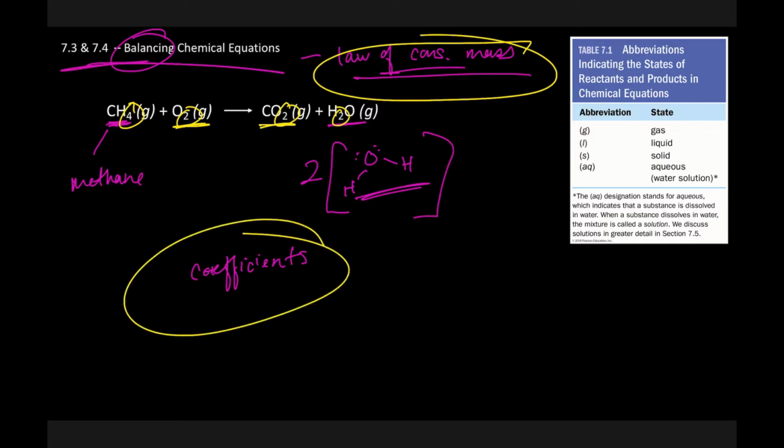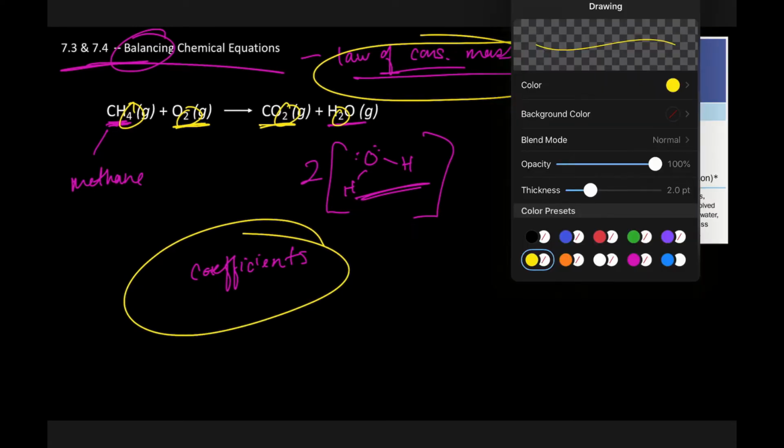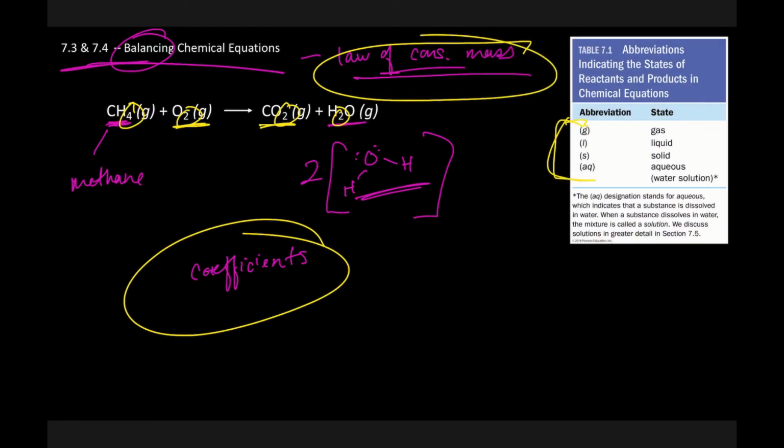All right. Final tidbit on this page, right? Our states. So you'll see all these layers of color because I scribbled all over it already. We have G's here, and all those G's stand for, yep, you guessed it, gases. So there are just certain things that are gases. We'll assume that most of these are at room temperature unless we say otherwise.